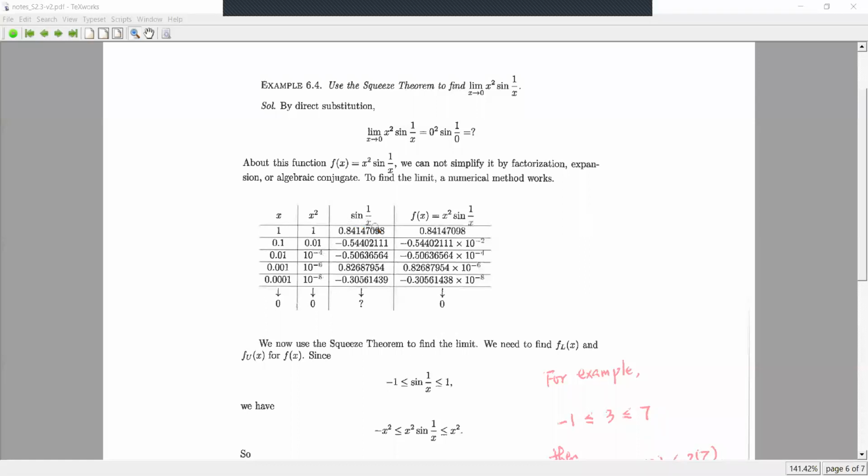Sine of 1 over x oscillates between -1 and 1 and approaches no number. The function is x squared times sine of 1 over x. The function approaches 0. Therefore, as x approaches 0, the limit is 0.